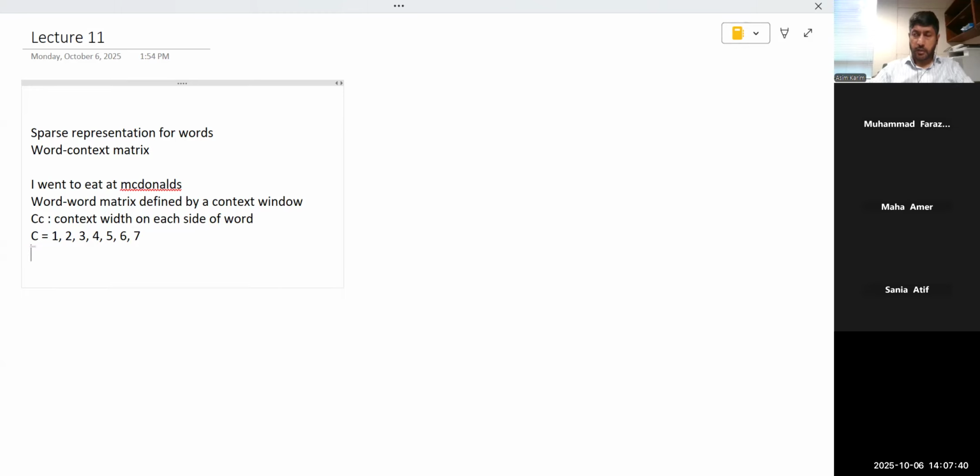Okay? So let's take a context window C equal to 2 for the example that we have shown above. Okay? So we'll take each word in the vocabulary as the central word, and then we'll look at all the words that appear in its context as defined by this C. Okay? So let's say I take all the words that we have: I, went, to, eat, at, McDonald's. Okay?